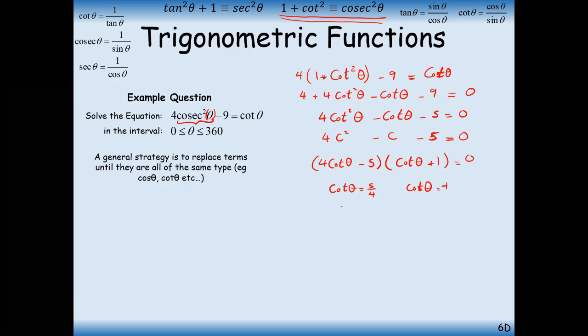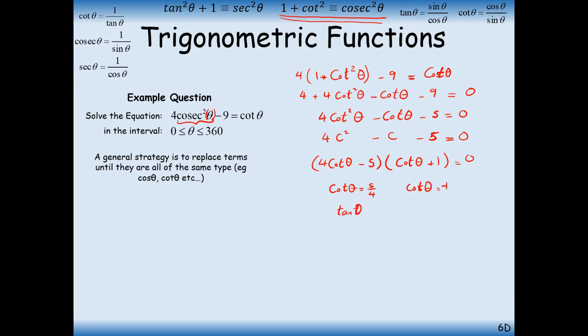and therefore tan of theta, taking the reciprocal of the fraction, is 4/5, and tan of this theta will be still -1. So one of the answers here is 38.7, and adding 180 degrees to that, we get 218.7.